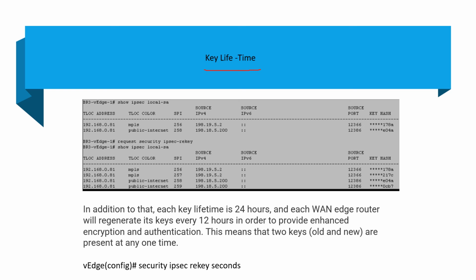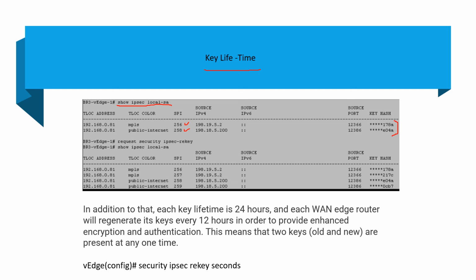If you look at my screen, I issued the command show ipsec local-sa. This was a new lab, so no regeneration of the keys has happened so far. So I see two SPI indexes, 256 and 258, and this is the key hash value.